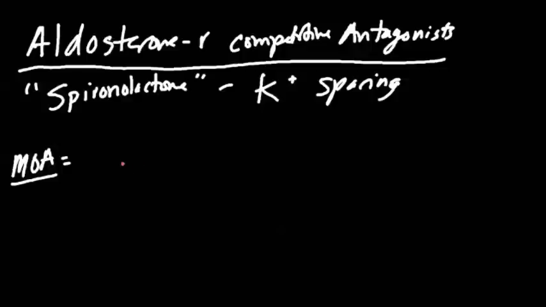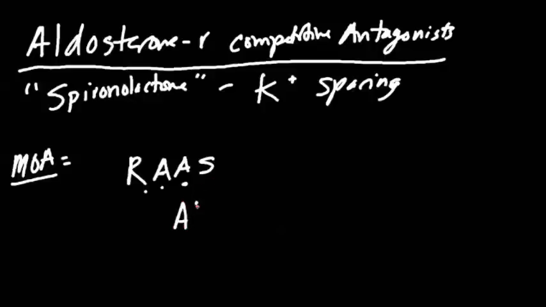So we have aldosterone production, and the aldosterone is going to be part of the renin-angiotensin-aldosterone system, the little renin-angiotensin-aldosterone cycle. So if you have increased renin release, you'll have increased angiotensin. That angiotensin 1 goes to angiotensin 2, and that angiotensin 2 will stimulate the aldosterone release from the zona glomerulosa.